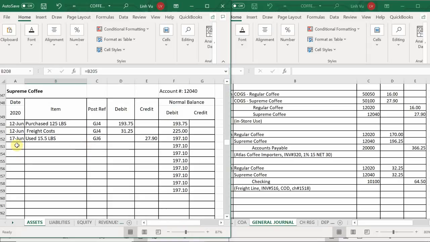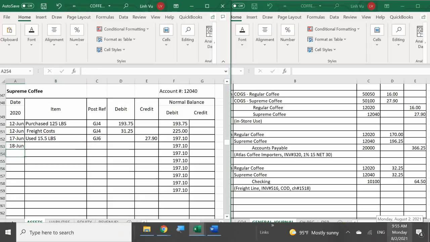Okay, so supreme 618. 125 pounds was purchased at 196.25. Freight cost was 32.25.